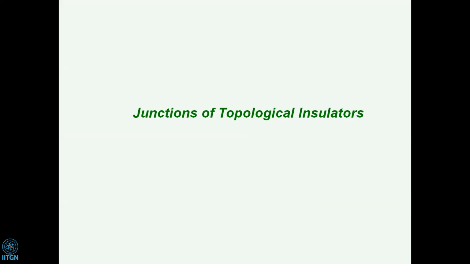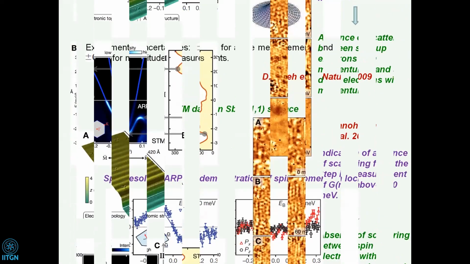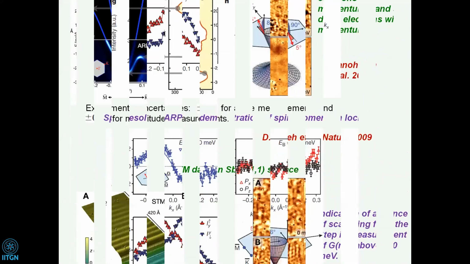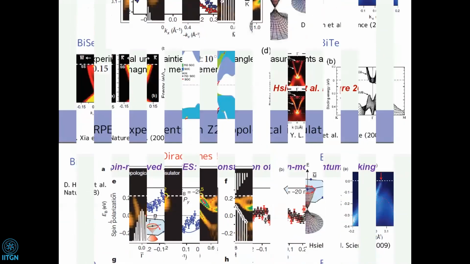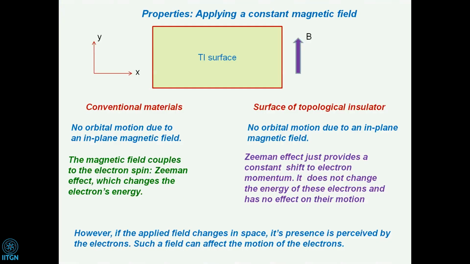Hello. Please. So the effect of magnetic field that you talked about, that is only for the two-dimensional insulators, right? Yes. So do we have something non-trivial for three-dimensional topological insulators as well?